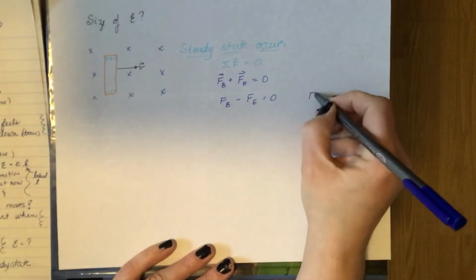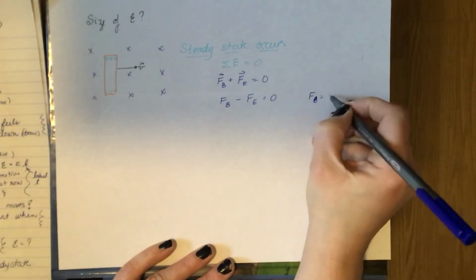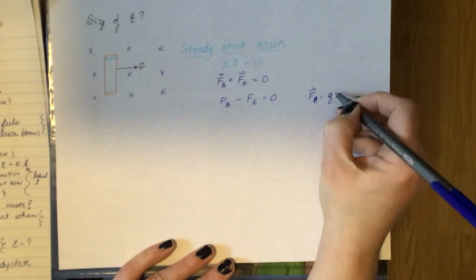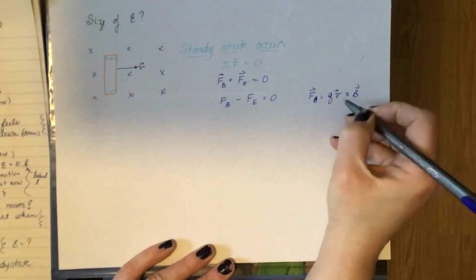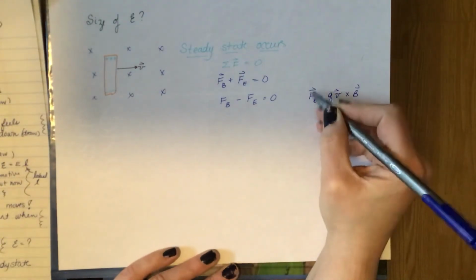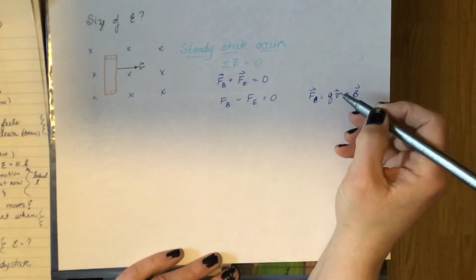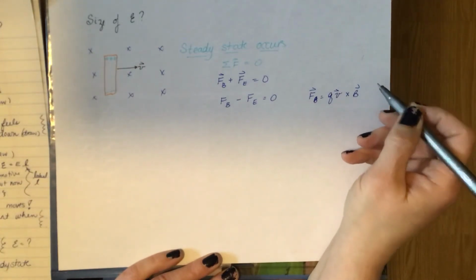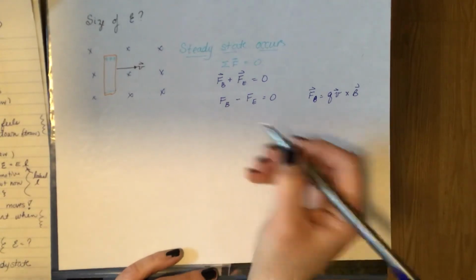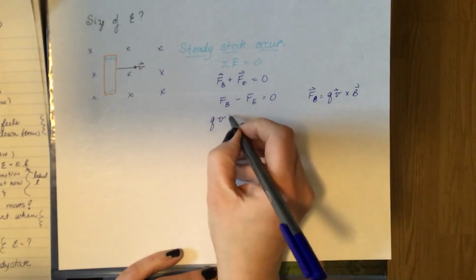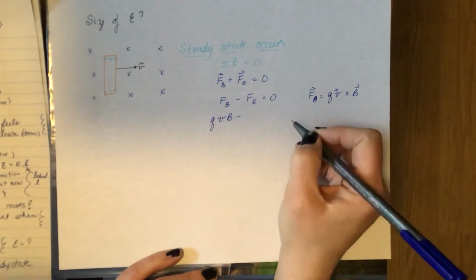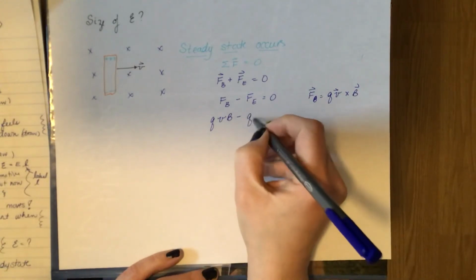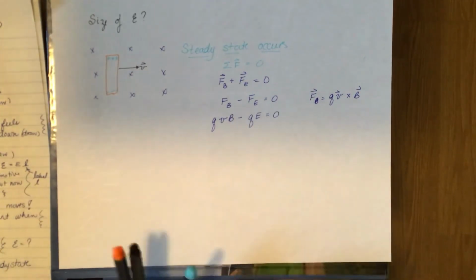For the magnetic force, we remember FB equals qv cross B. Here, where everything is perpendicular, the magnitude of our magnetic force will be qvB sine theta, but theta is 90, so the magnitude of the force is qvB. The magnitude of an electric force is charge times electric field, so qvB minus qE equals 0.